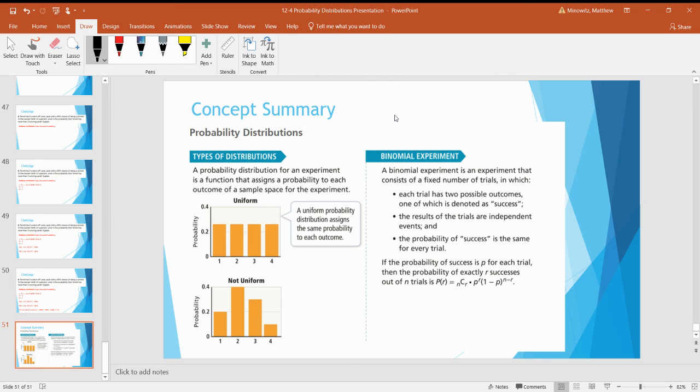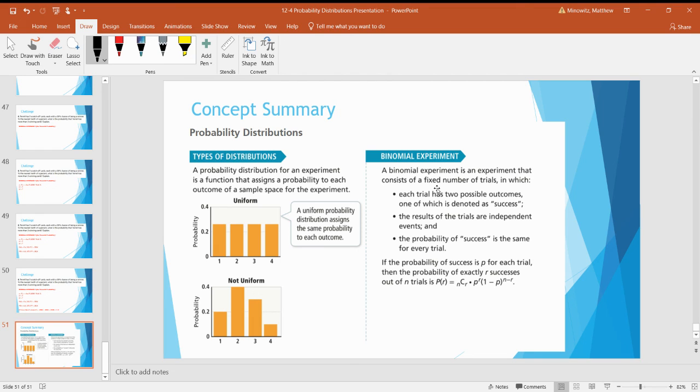So today, and in the last lesson, we learned the distributions. We learned a uniform distribution and a non-uniform distribution. We can write the probability distributions by finding the probability of each event. And then we extended that to the special case of binomial experiments and binomial distributions, where we know that the experiment can have 2 outcomes.